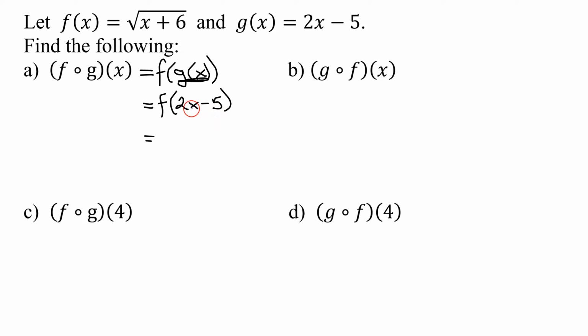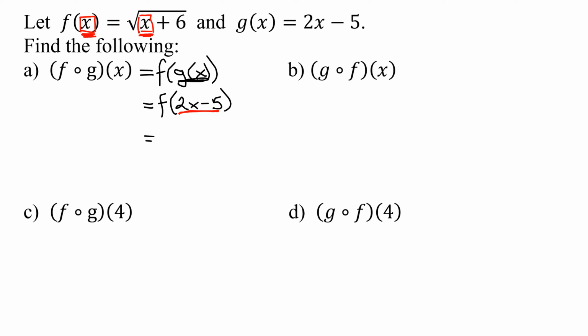And this is where some students get confused because we have x's here and x's there. So remember, x is just a placeholder. If you put a little placeholder over your x, all I'm asked to do is put 2x minus 5 here and here.